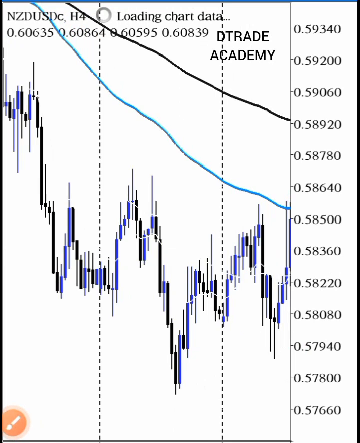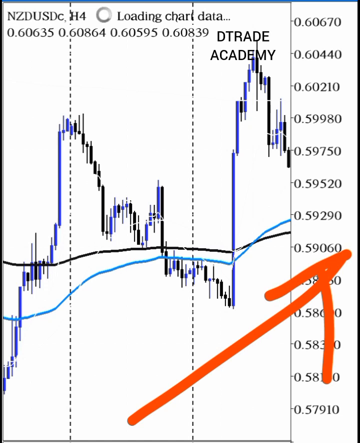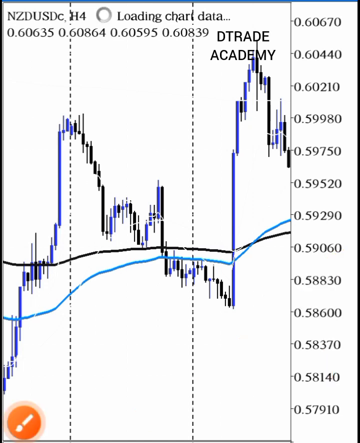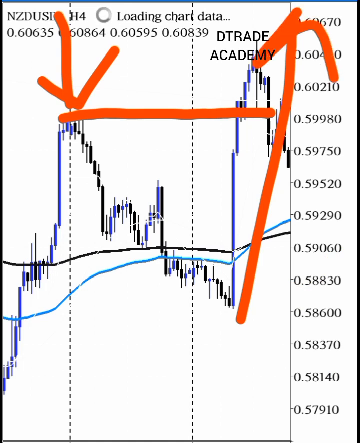So this is how it works. Now, if we are in an uptrend, take your trend line to mark the high. In an uptrend, we mark highs. In a downtrend, we mark the lows. So for this uptrend, we mark this high, and wait for price to break through that high.